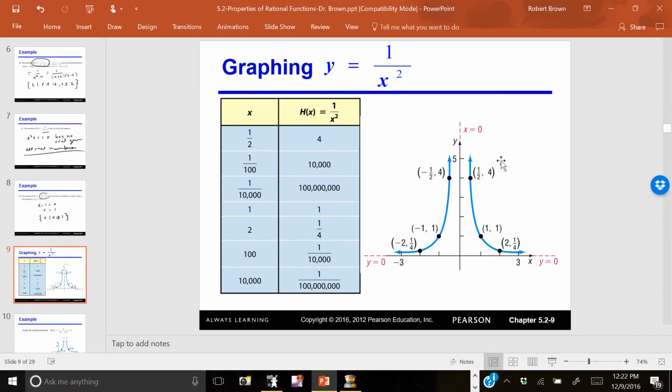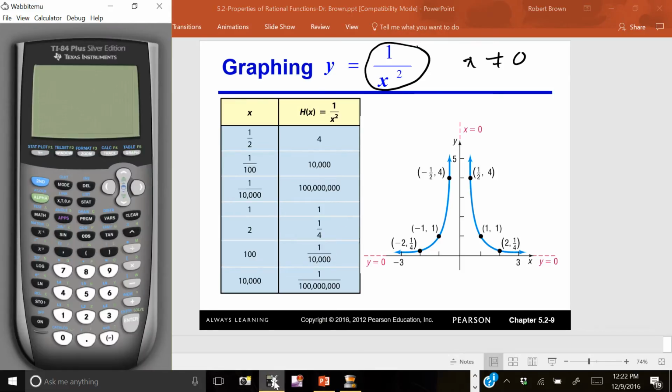Now let's look at graphing a very simple rational function, 1 over x squared, and take a look at some of the values of x. In particular, as x gets close to 0, notice x cannot be 0. If you plot the function, in fact, let's go ahead and do it on our calculator.